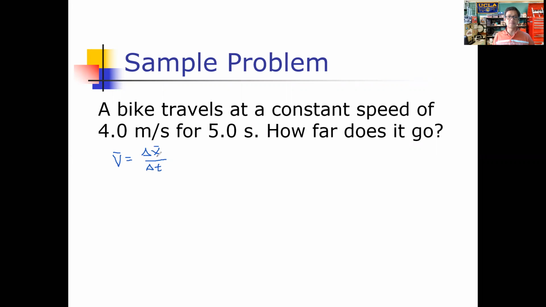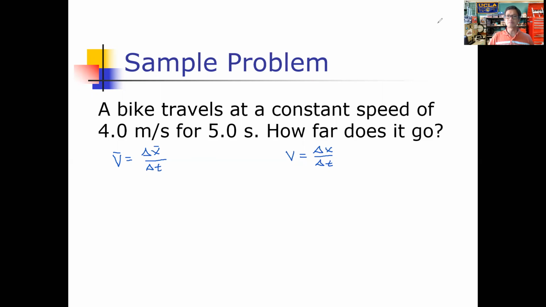That is the displacement over a given time interval. Speed is also described in much the same way, but speed is not a vector quantity, it's a scalar quantity. So therefore, we also have the total distance over the total time interval. So we can use this to help us solve for problems involving speed, displacement, or time.